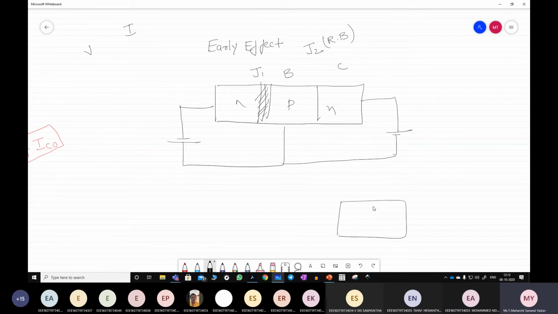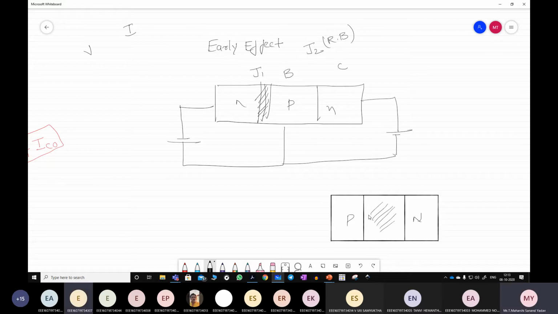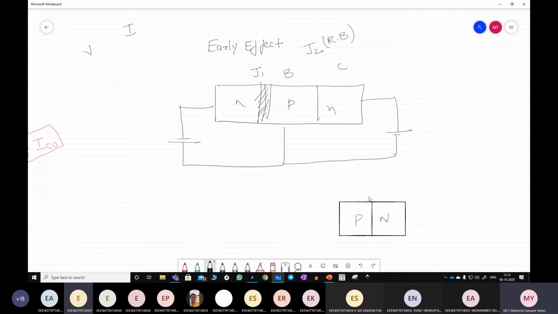I mean, if it's P and N, are these two portions the same? Are both equally balanced? Wrong. They are not equally balanced.